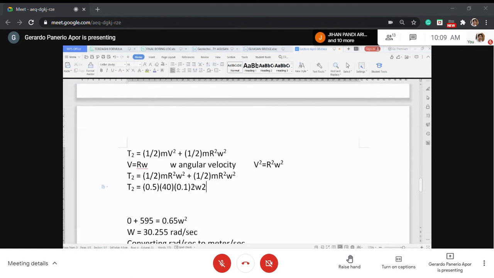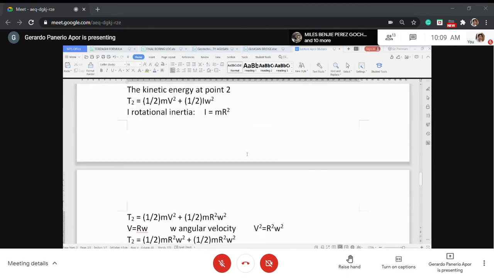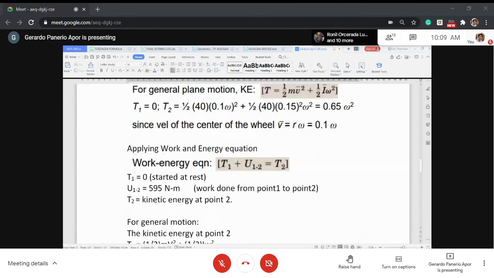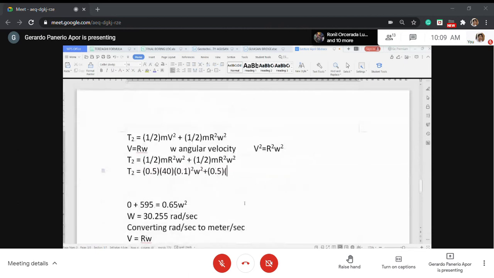Then plus 0.5 times mass. The mass is still 40. Then the radius, the radius of gyration, so the other one is 0.15.